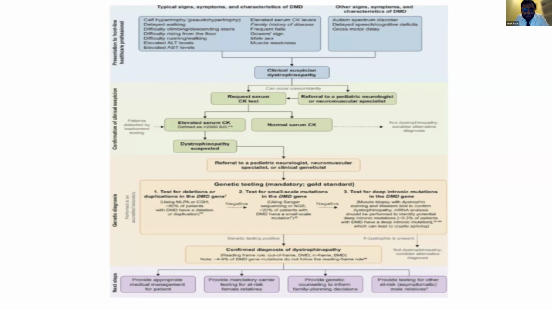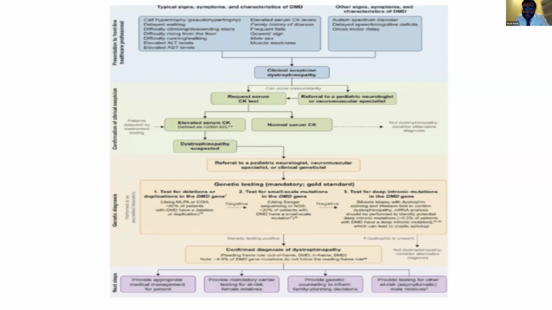It is commonly performed using multiplex ligation-dependent probe amplification or comparative genomic hybridization. If this test comes back negative, then the next step is to look for small-scale mutations in the DMD gene. This is seen in about 20% of people with DMD gene mutation, and it is performed using Sanger sequencing or next generation sequencing.